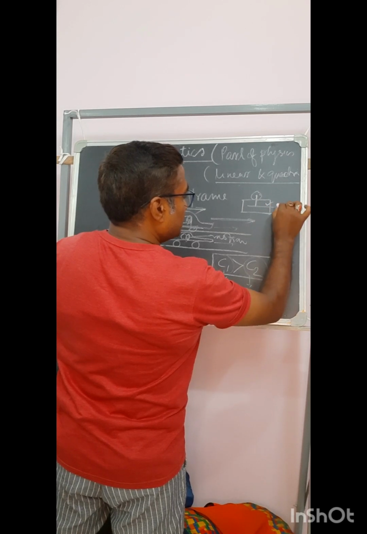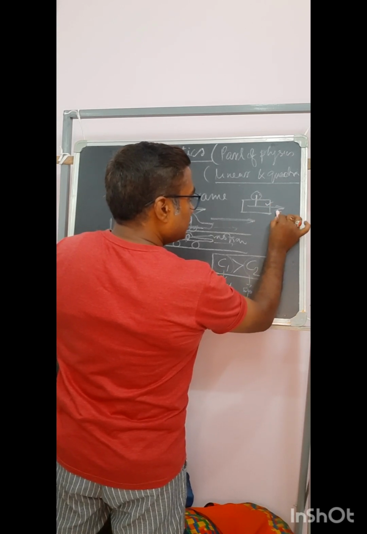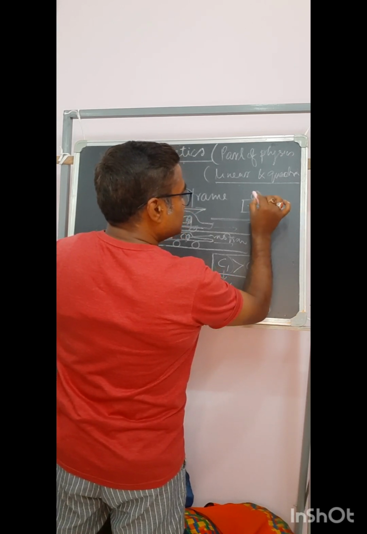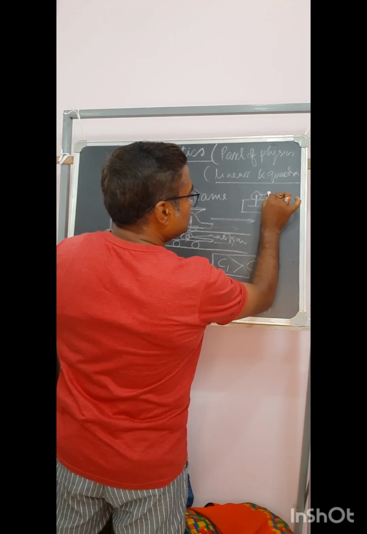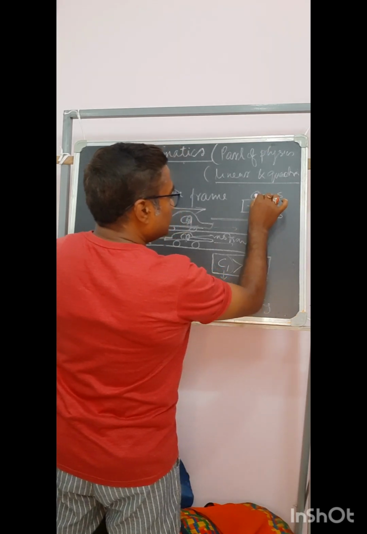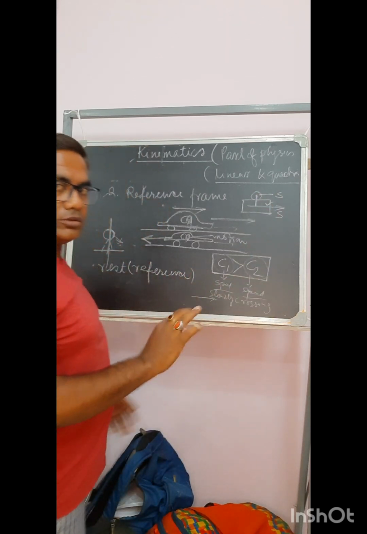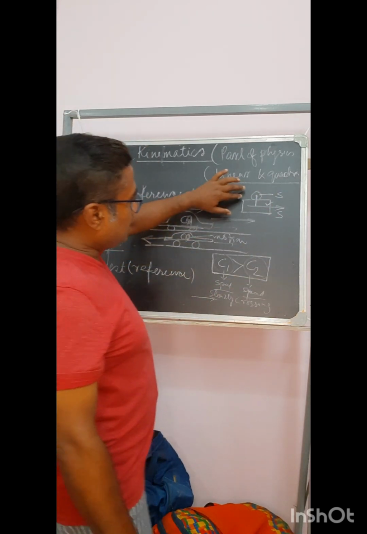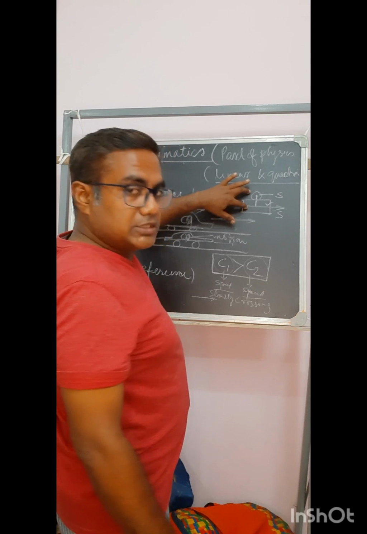The object is moving with some speed, and the observer sitting on it is also moving with the same speed. So in between there is no difference of speed, so he cannot see this vehicle moving.